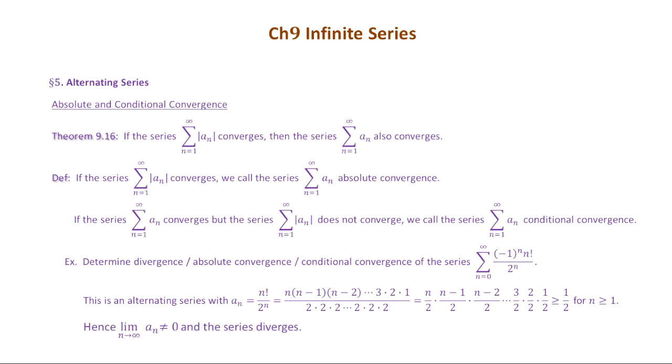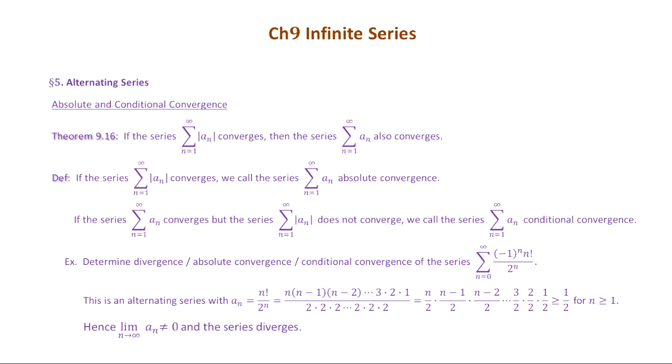Again, this is the alternate series. We can check the two conditions, and the first condition says the limit of AN has to be 0. Let's just check the magnitude of AN, which is n factorial over 2 to the n, if you take out the (-1)^n sign term. n factorial is n times n minus 1 times all the numbers down to 3, 2, and 1.